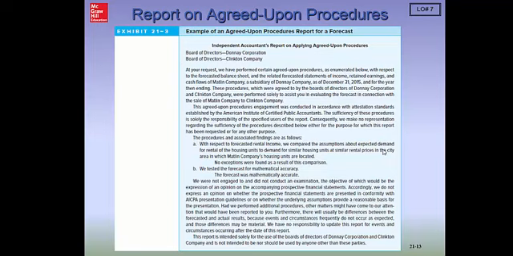And you notice the paragraph here: "We were not engaged to and did not conduct an examination. Accordingly, we do not express an opinion on whether the prospective financial statements as presented are in conformity with AICPA presentation guidelines."